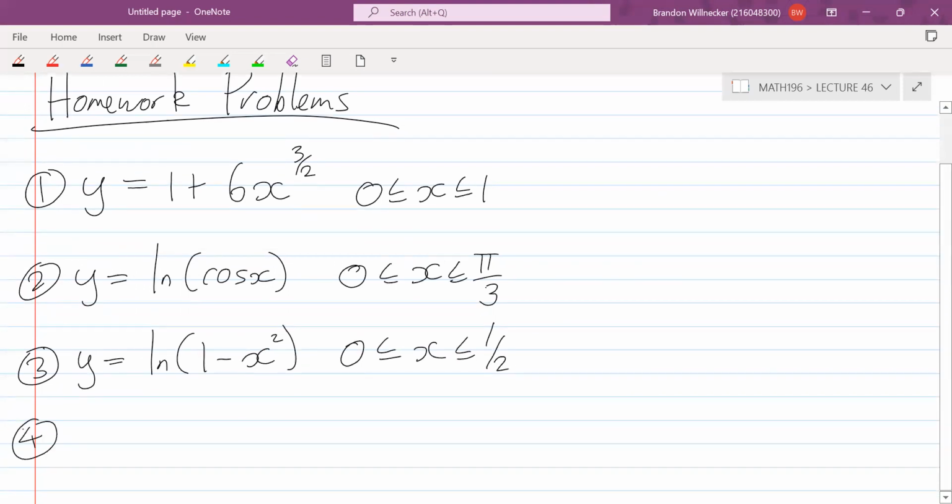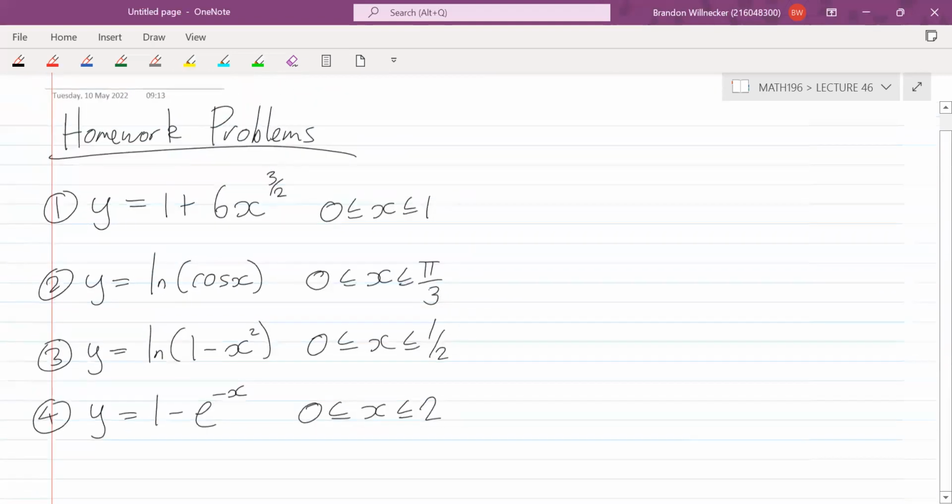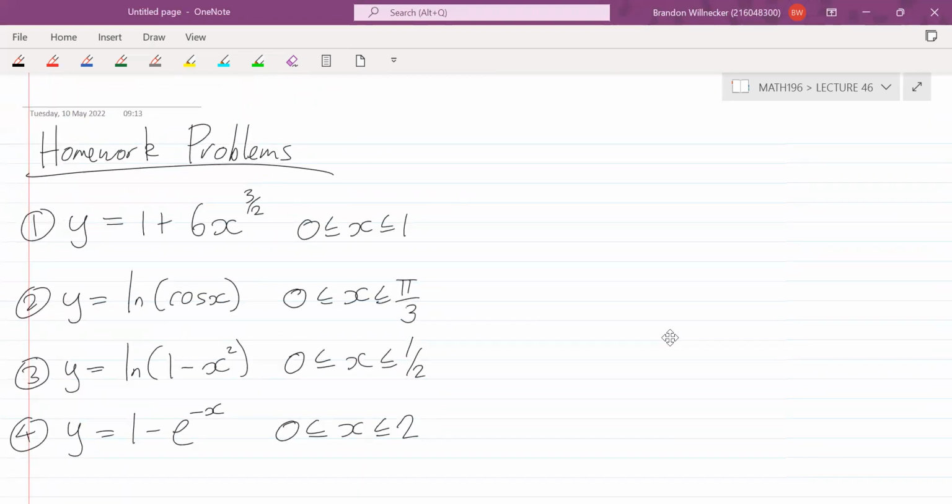And last one, y is equal to 1 minus e to the minus x, and x goes from 0 to 2. So a couple homework problems just to practice using that first integral formula.